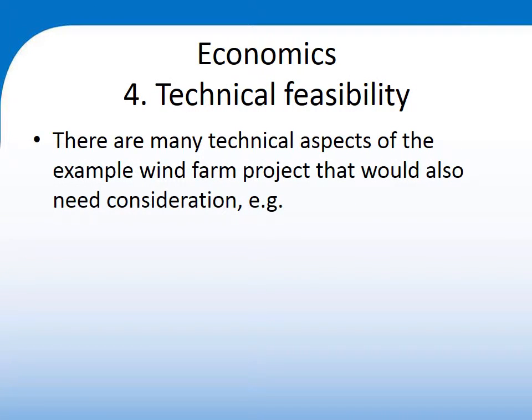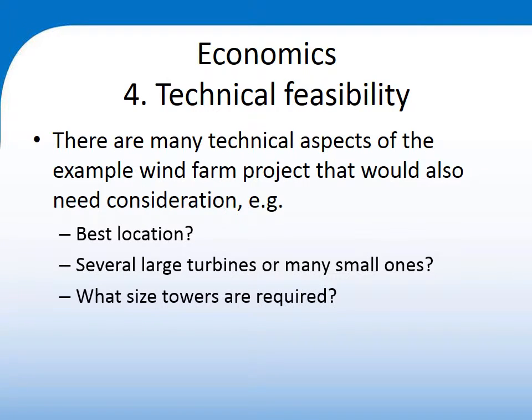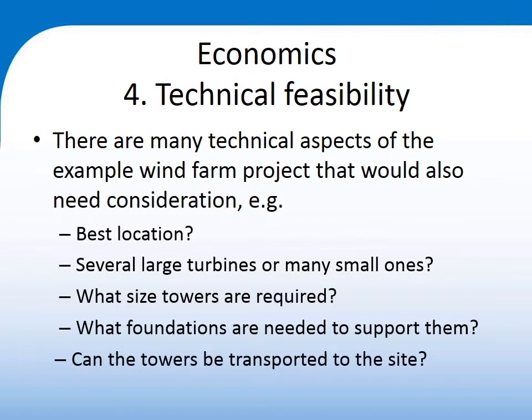Technical feasibility. Wind farms are costly and rely on weather. However, many countries have major investments, and these are countries where the wind never rests. So location, large or small, size of towers, and so on.